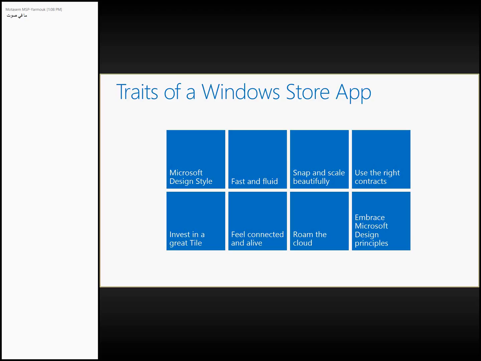And especially roaming to the cloud, so there is an option. If you log in on a different machine with your same Live ID, Microsoft account, you will get your existing settings there as well. So think about your start screen design.